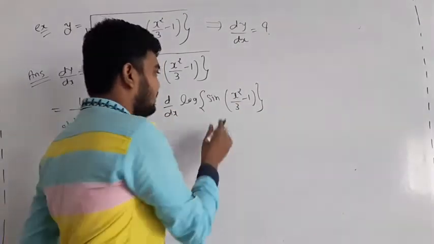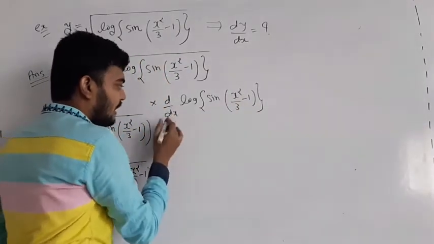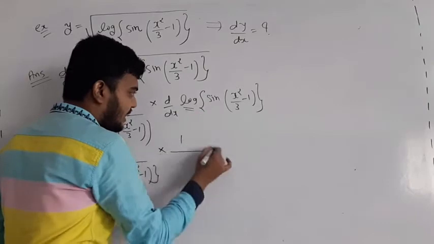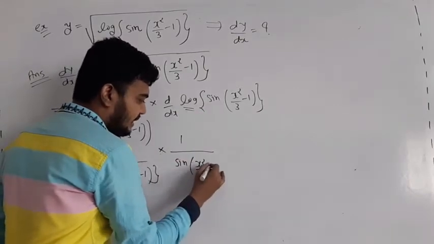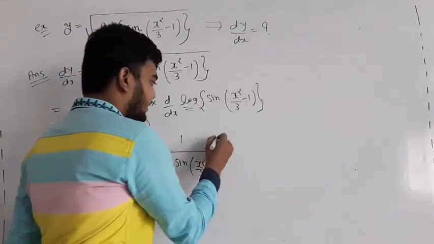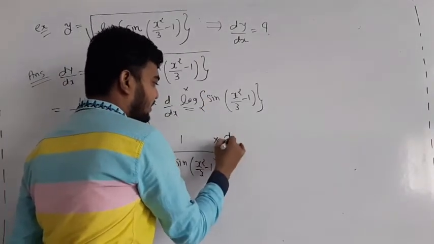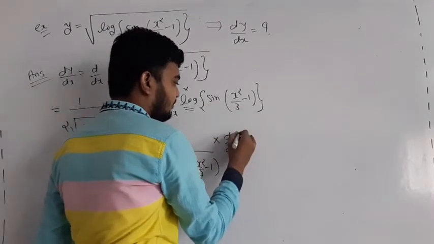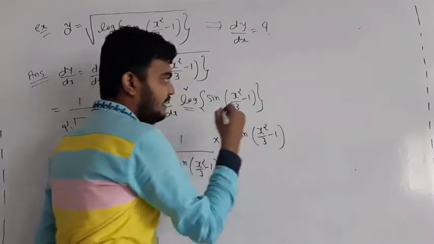So here inner function is sine of x square by 3 minus 1. So derivative of this log is 1 by sine of x square by 3 minus 1. Now derivative of log is complete, so remaining derivative is d by dx of sine of x square by 3 minus 1.